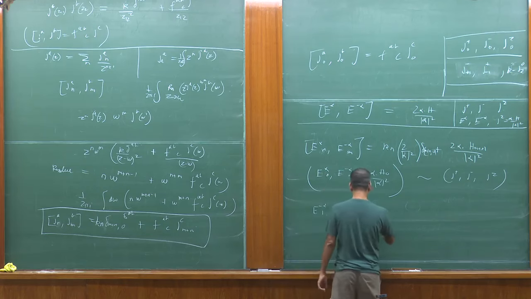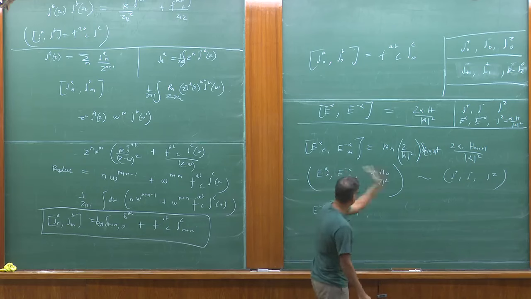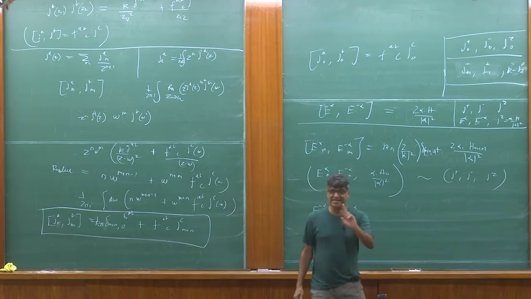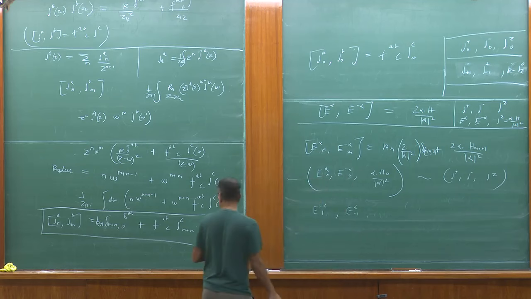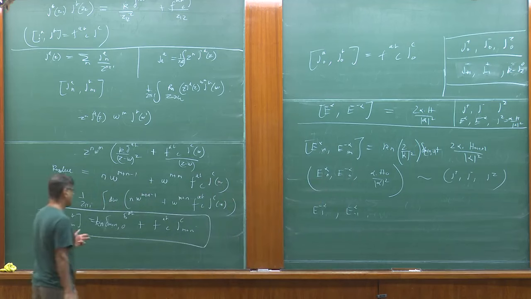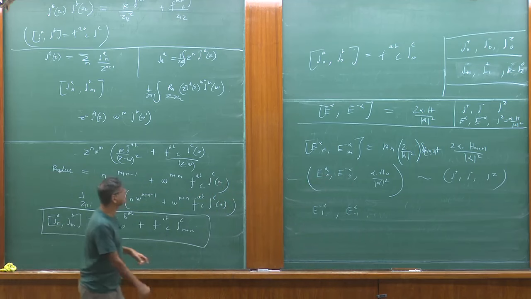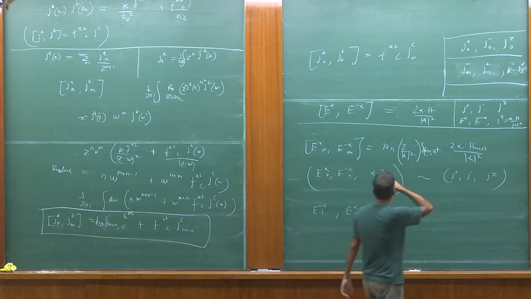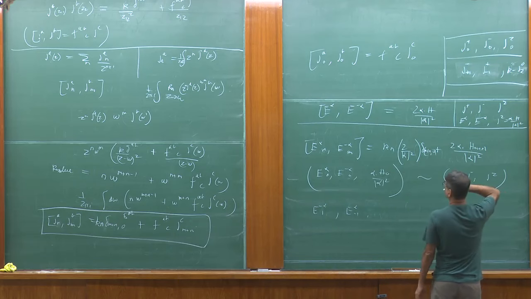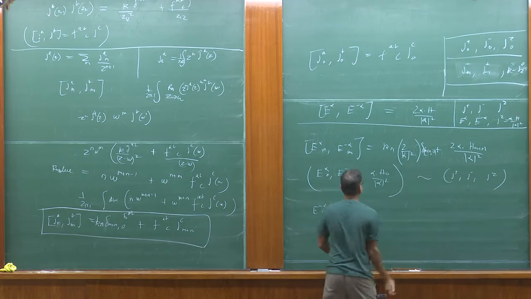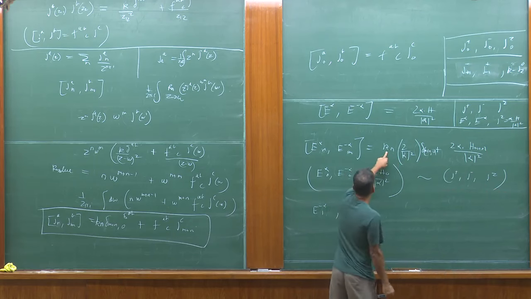And we'll take, now what? Whatever appears on the right hand side of this algebra, but on the right hand side of the algebra, we should look here. Okay, we should look here.